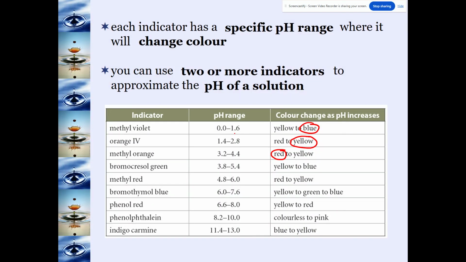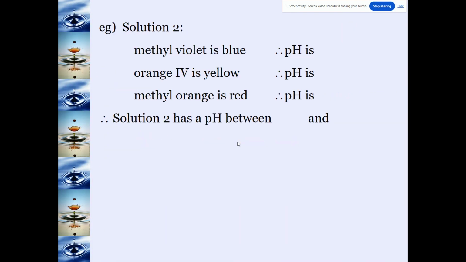So it has to be above or equal to 1.6, above or equal to 2.8, and less than or equal to 3.2. So again, narrowing it down the most I can. It can't go all the way down to 1.6 because otherwise methyl orange wouldn't be yellow. It has to also be greater than 2.8. Okay, so the narrowest range we can get it to is 2.8 to 3.2.